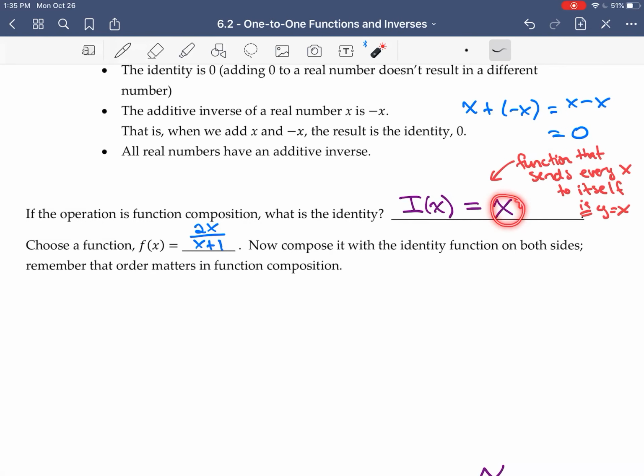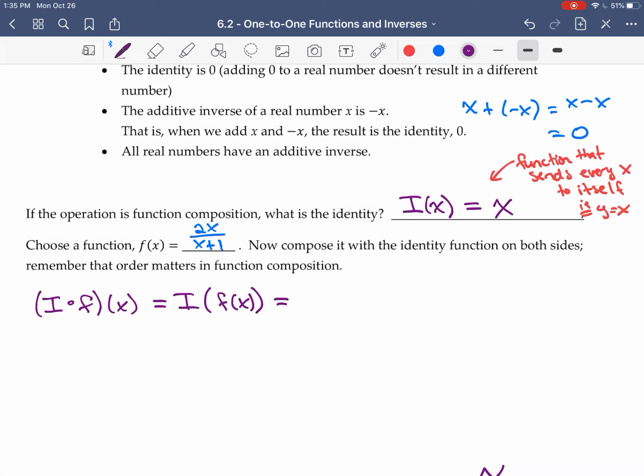So we're going to be composing the function that I picked here with the identity function. First of all, let's do I compose with f of x. That's going to be I of f of x, which is I of 2x over x plus 1 for my choice of f of x.